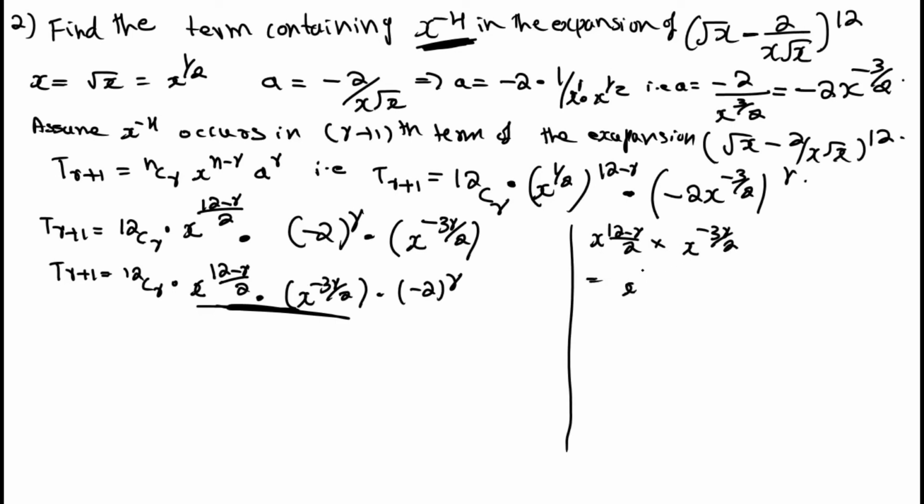Multiplying, you will get x to the power (12 minus r)/2 minus 3r/2. If you simplify this, that is (12 minus 4r)/2. The denominator is the same, so you can directly add, right? 12 minus r minus 3r is 12 minus 4r, by 2.